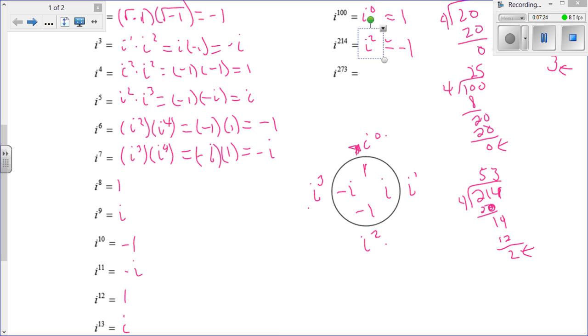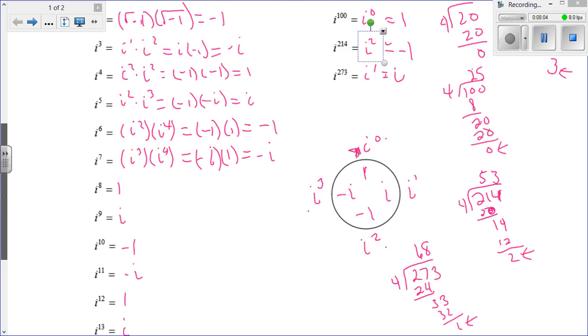And lastly, we have 273 divided by 4. 4 goes in there 6 times. 24, subtract, bring down the 3. 4 goes into 33 8 times because it's 32. When I subtract, I have 1. So it's equivalent to i to the first, which is just i. So those are pretty simple. It's just a matter of dividing by 4, and whatever your remainder is, that's your final answer.